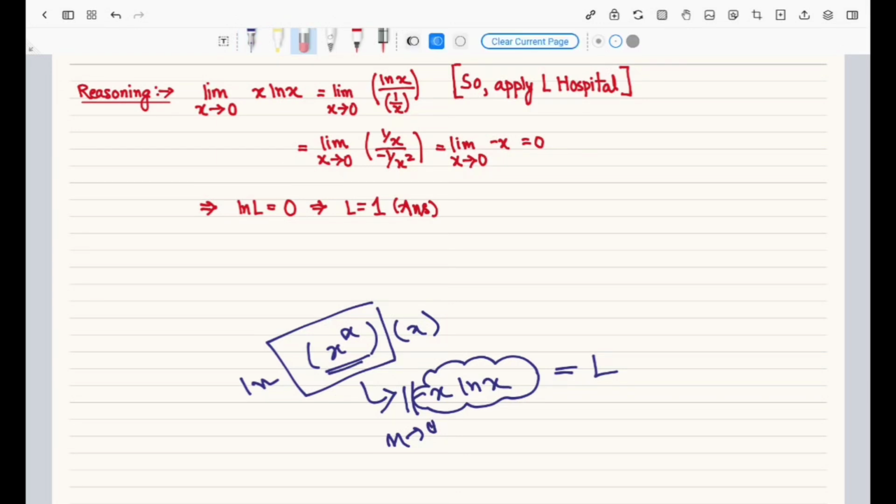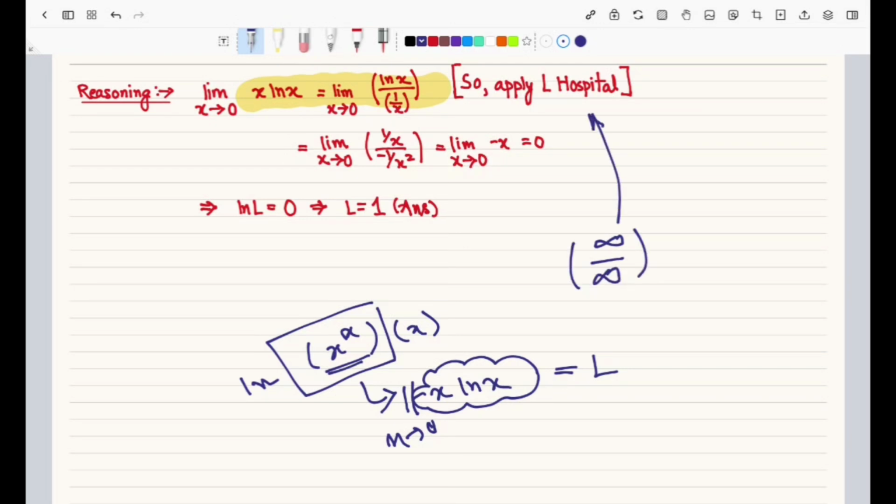We formulate this expression into the following one, which is in infinity by infinity form, and in infinity by infinity form we can always apply L'Hopital's rule. So we applied L'Hopital's rule, and the limit L becomes 0.